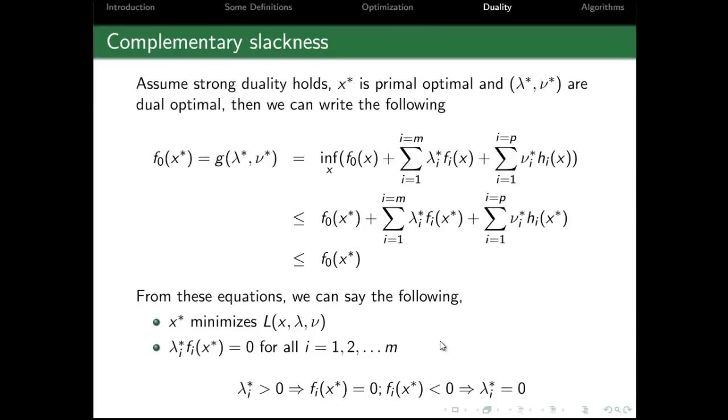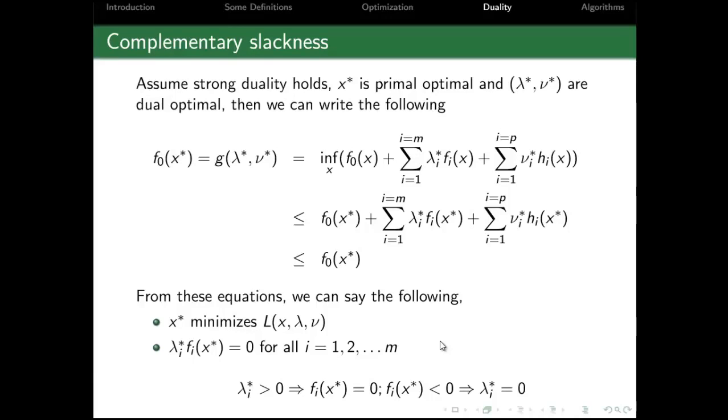By expanding g by its definition and looking at some simple inequalities, we reach the conclusion that for all i, lambda i star f i of x star should be 0. Basically, we know that f i of x star is less than or equal to 0 because x star is a feasible value. So whenever f i of x star is not equal to 0, we know that lambda i star should be equal to 0.